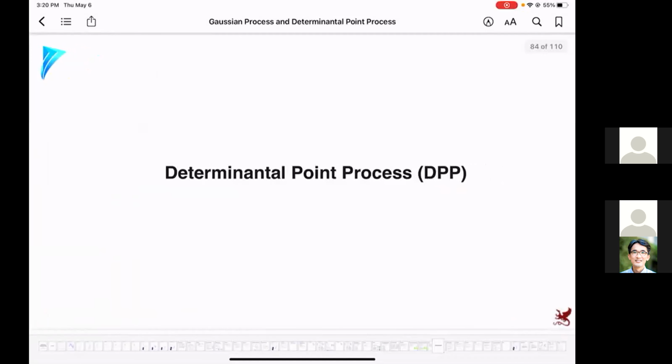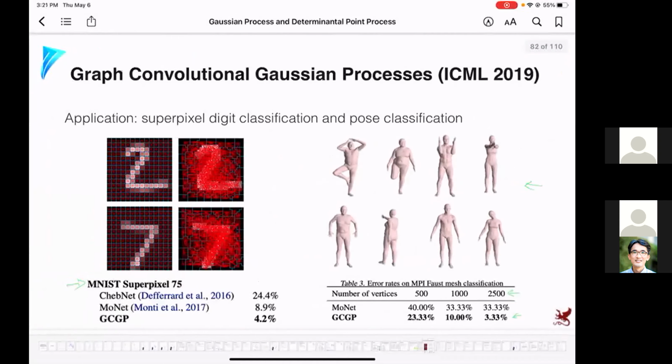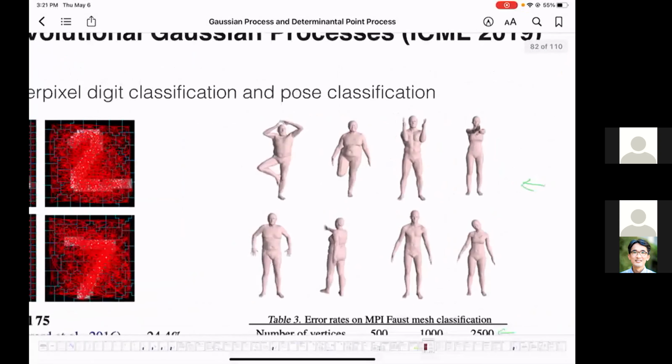So the next topic we won't go very deep into because it's not used as often as Gaussian process. Gaussian process is still used very often. Actually, for ICLR 2021, I saw one paper also related to Gaussian process, trying to do things like mesh classification tasks.